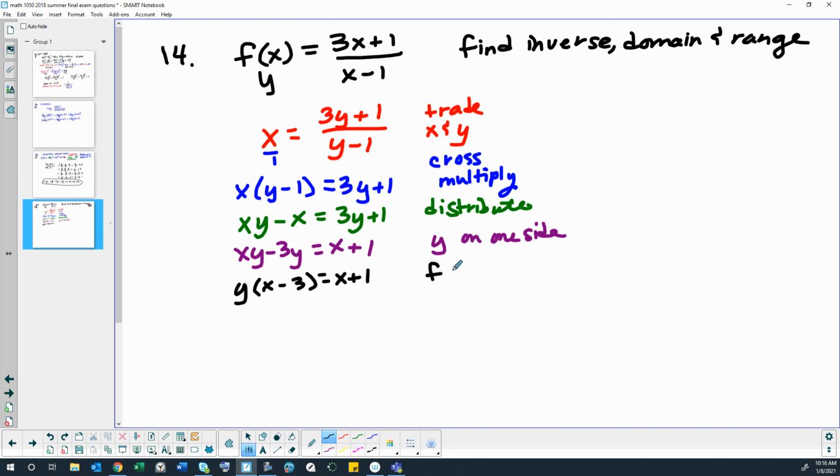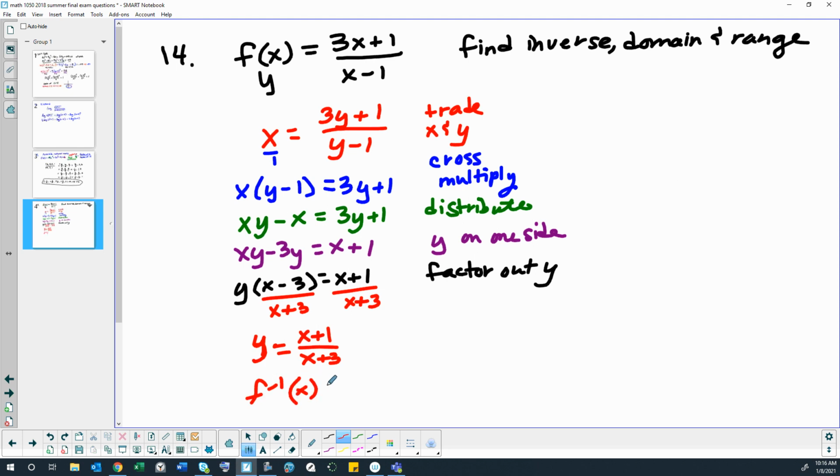So factor out the y. And then let's go ahead and divide by anything that's not y, so that we have it by itself. So we have y equals x plus 1 over x plus 3, which means the inverse function is x plus 1 divided by x plus 3.